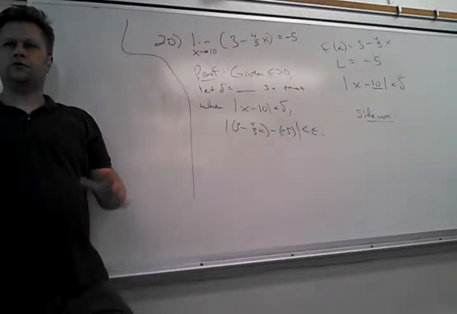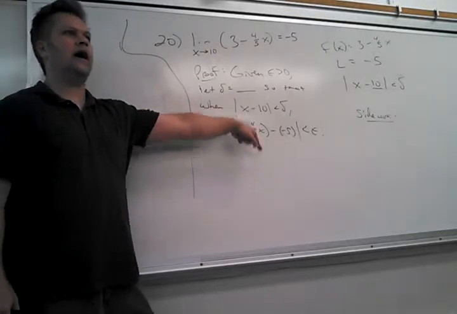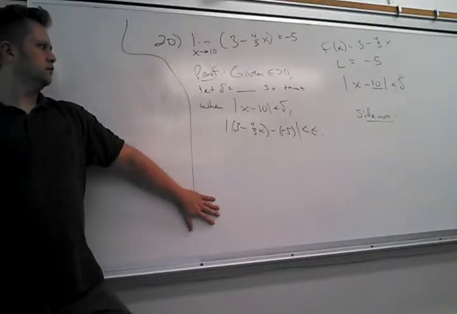So that's what we have to use. We have to come up with what delta has to be in order to make that work. And delta almost always is based on epsilon.